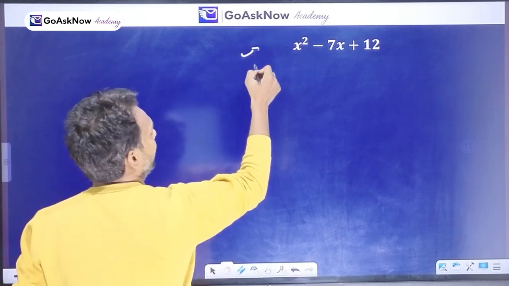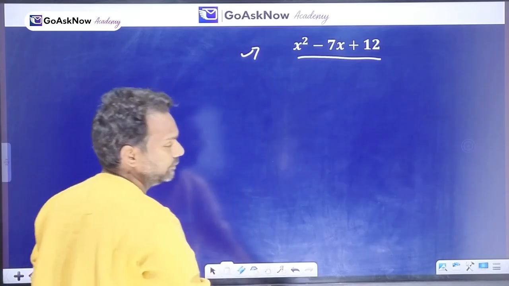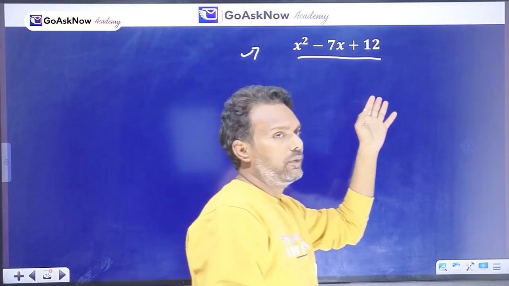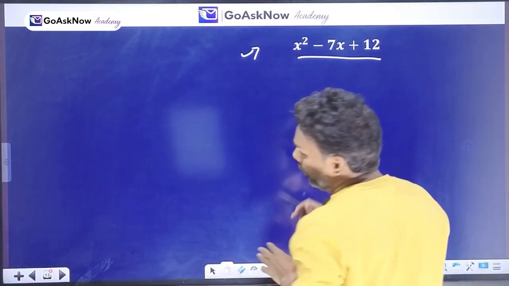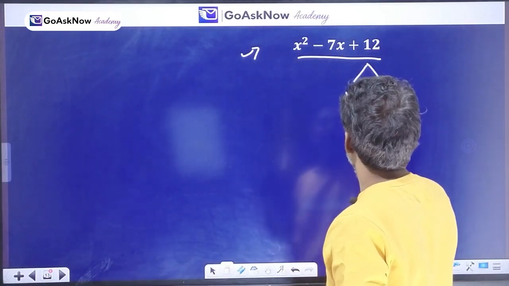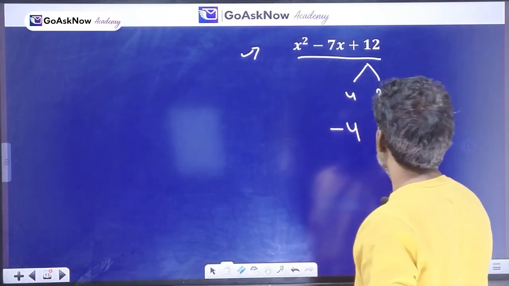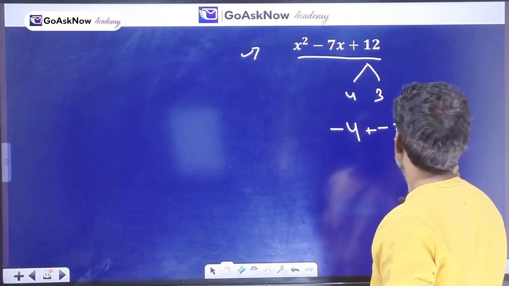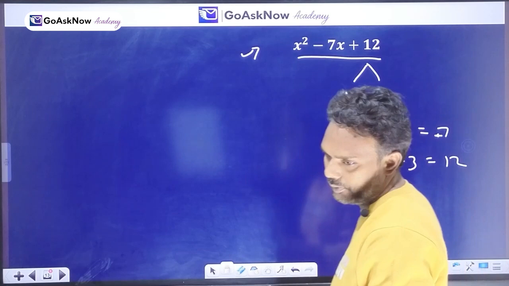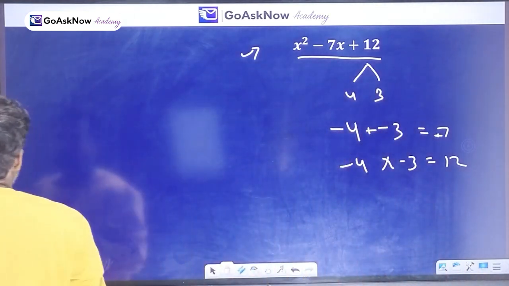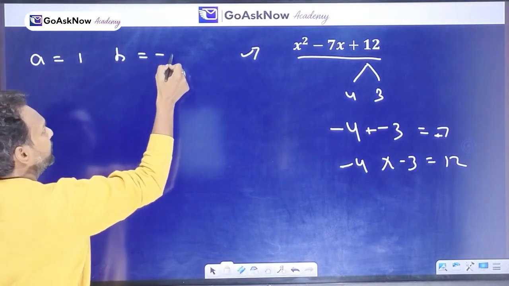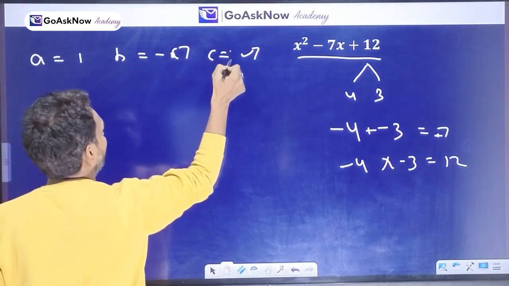Now for x square minus 7x plus 12, what are the two factors of 12 that when we add or subtract, get minus 7? That's 4 and 3. And when we add minus 3 and minus 4, we get minus 7. Also, when we multiply minus 4 and minus 3, we get 12. Okay? So a is 1, b is minus 7, c is 12.